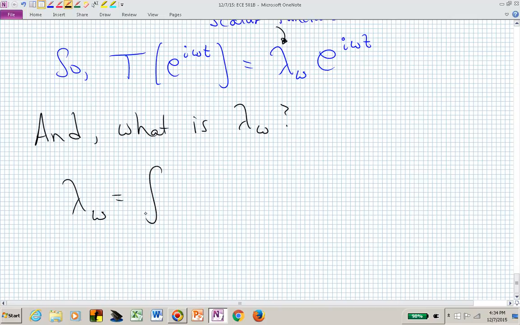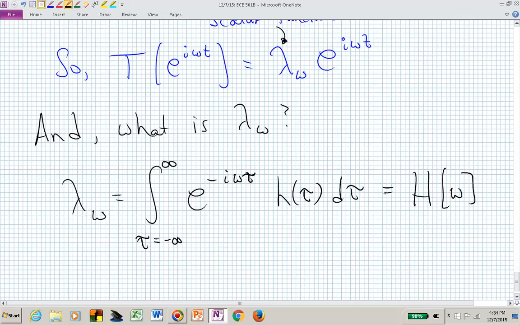Lambda of omega is this integral from tau equal minus infinity to infinity of e to the minus i omega tau, h of tau, d tau, and you might think of that as now just this H of omega. It's similar to an inner product, actually. It's a function times a function's complex conjugate. And we've looked at maybe some inner products that are similar to that.